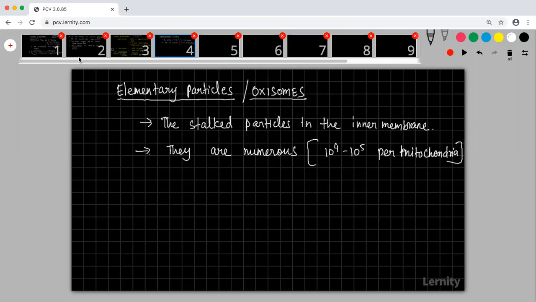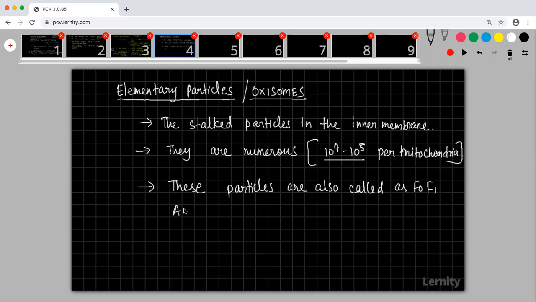Oxysomes, this is the spelling which is given in my textbook. In some other places they can use the spelling OXY also. Yeah, they are numerous. This is the number of particles. It is almost 10 power 4 to 10 power 5 particles will be there. Okay. These particles are also called as F0, F1, ATPase.